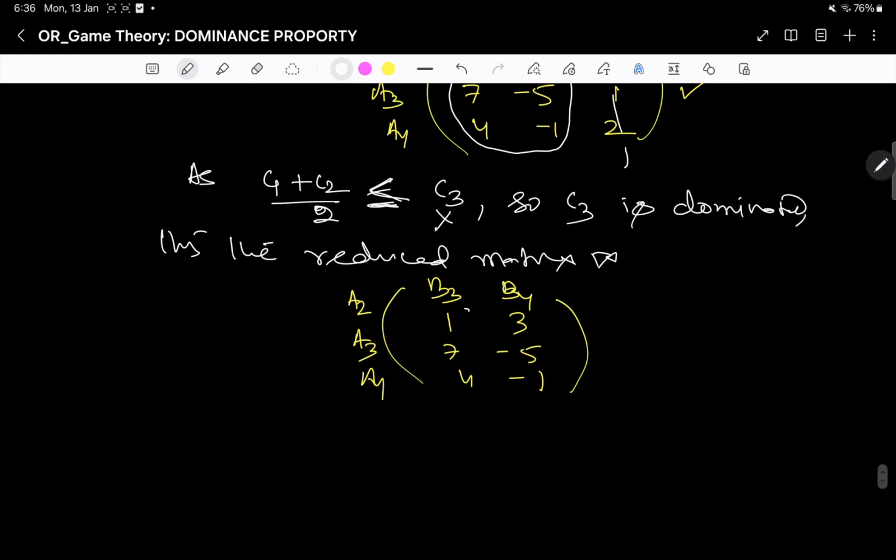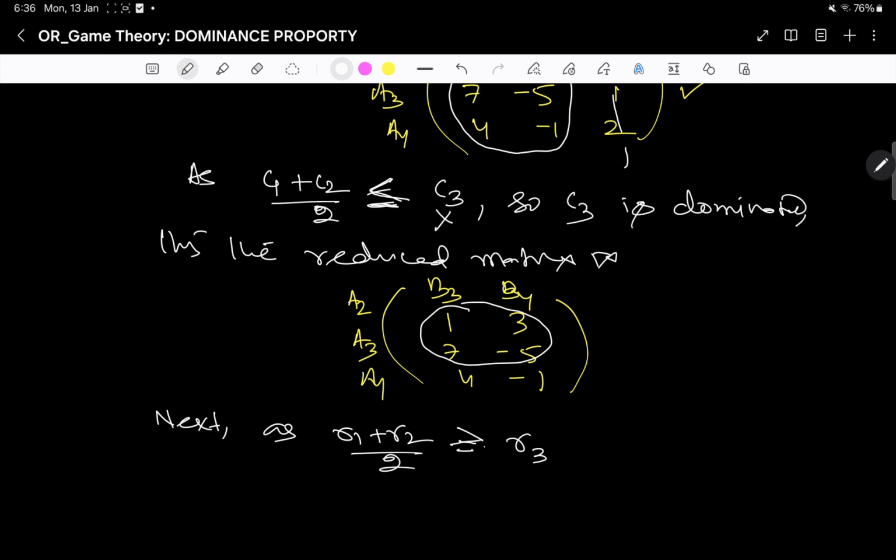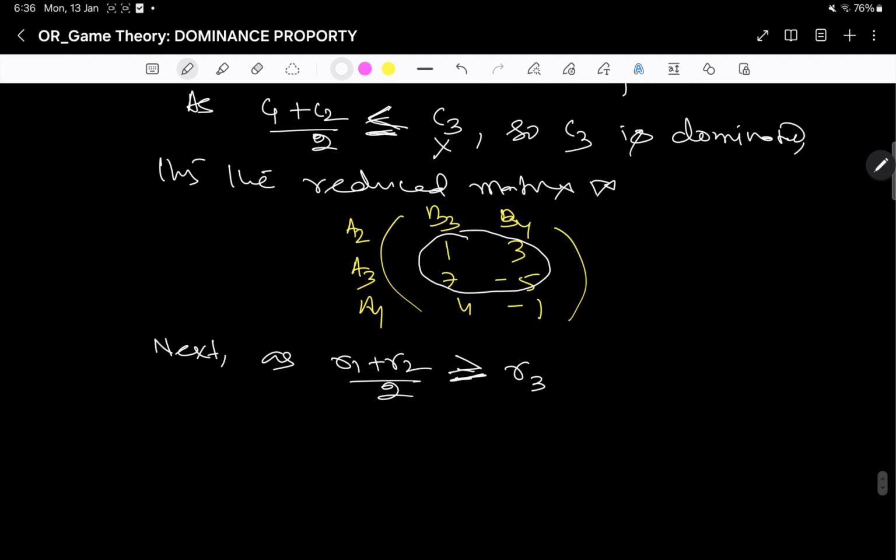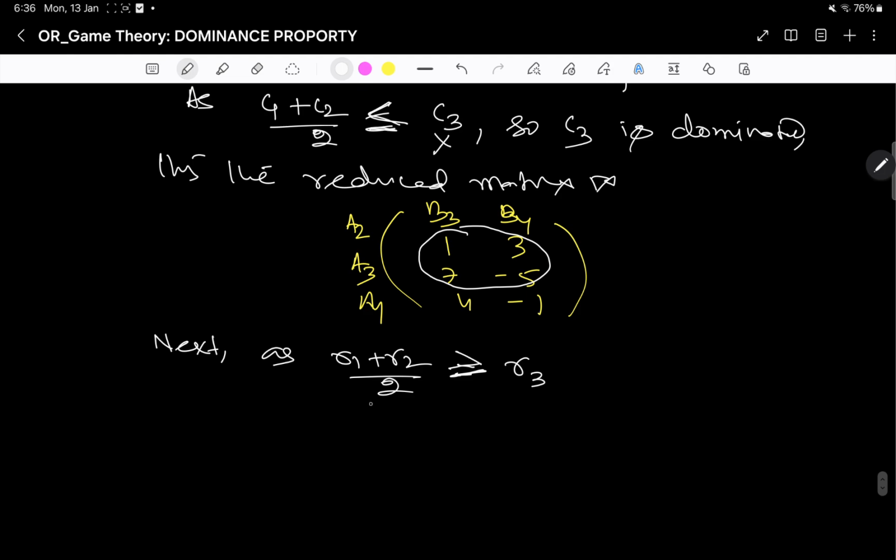Next you see, if you find the average of these two rows, R1 plus R2 by 2, it is 8 by 2, 4, it is also minus 1, means same. Or I can write it as greater than or equal to, since equality is there, means your larger row will dominate the smaller row. So this R3 will be dominated, so row 3 will be dominated, right? So R3 is dominated.